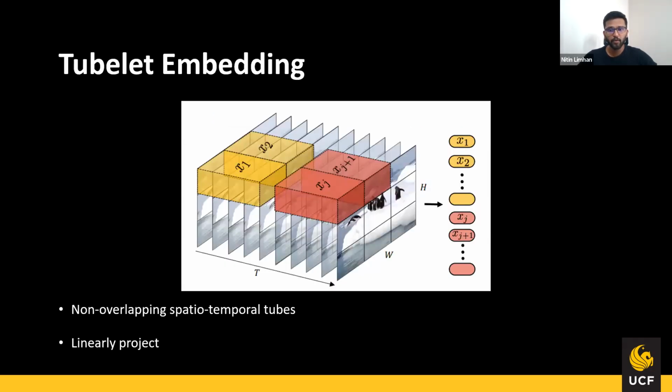And the second type of embedding is the tubelet embedding, which is a bit more complex than uniform frame sampling. In tubelet embedding, we start with extracting non-overlapping spatiotemporal tubes from the input video clips and then linearly project them. This method is simply an extension of vision transformer embedding into 3D and also corresponds to 3D convolution.